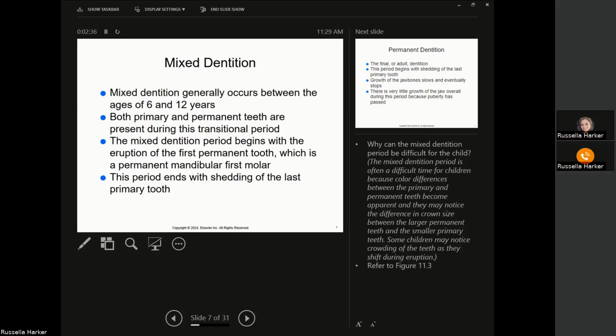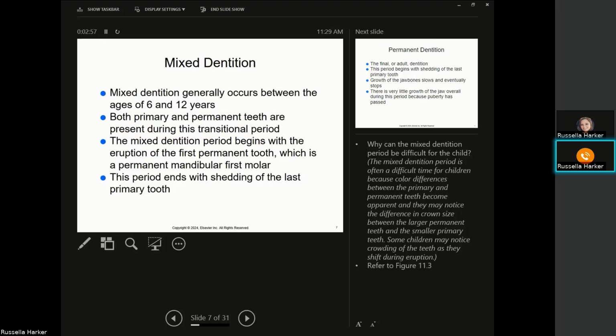So typically kids get a permanent mandibular first molar, which comes in behind their baby teeth in the back. And then those front teeth fall out. But parents just don't realize it, or the kids don't realize that they've even erupted back there until they go to the dentist and they look and they see them back there.